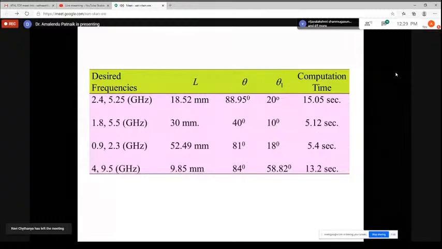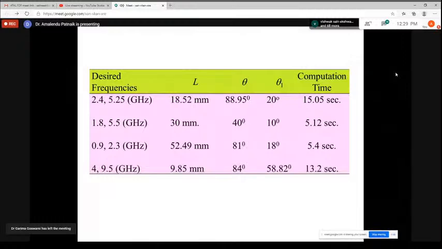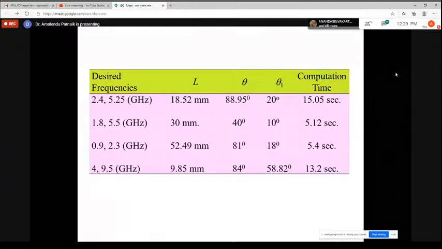So the computation time will be very large in that particular case, because for each set of output that you are getting from the neural network, you need to feed that to the RF simulator, and to find out the RF simulator output, it will take some time.